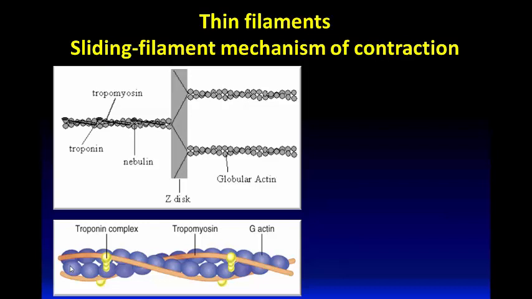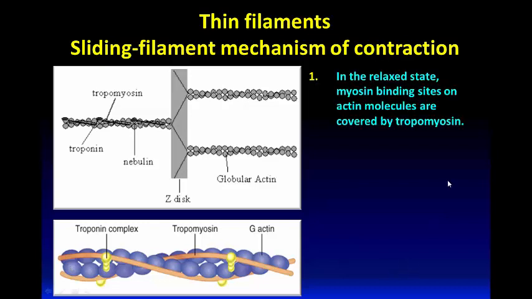However, in the relaxed state, the myosin binding sites on the actin molecules are covered by another protein in the thin filaments known as tropomyosin.